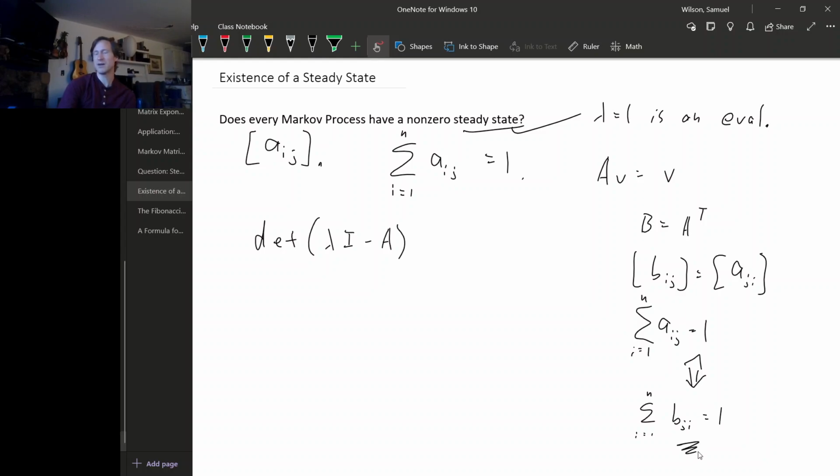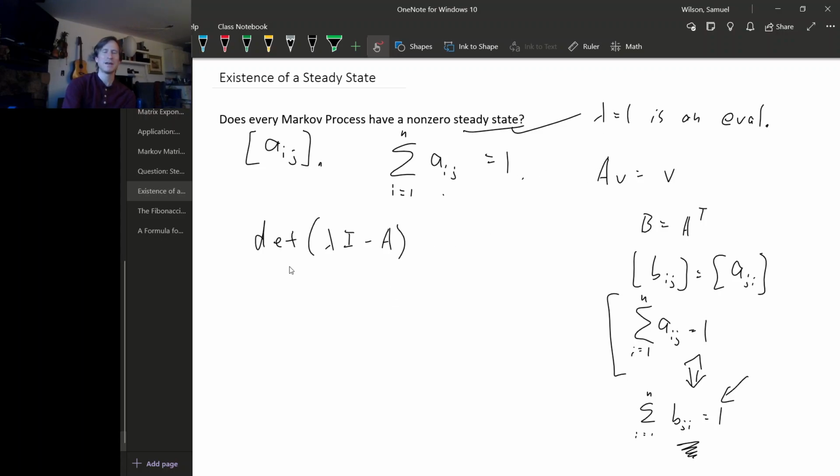And this is a sum across a row. So maybe we could interpret this as a matrix product, and that would let us use this fact about the sums of these entries being 1. So let's think about the transpose instead of the original matrix. But we're going to have to link this back to the original matrix somehow. So what is the relationship between the eigenvalues of a matrix and its transpose?